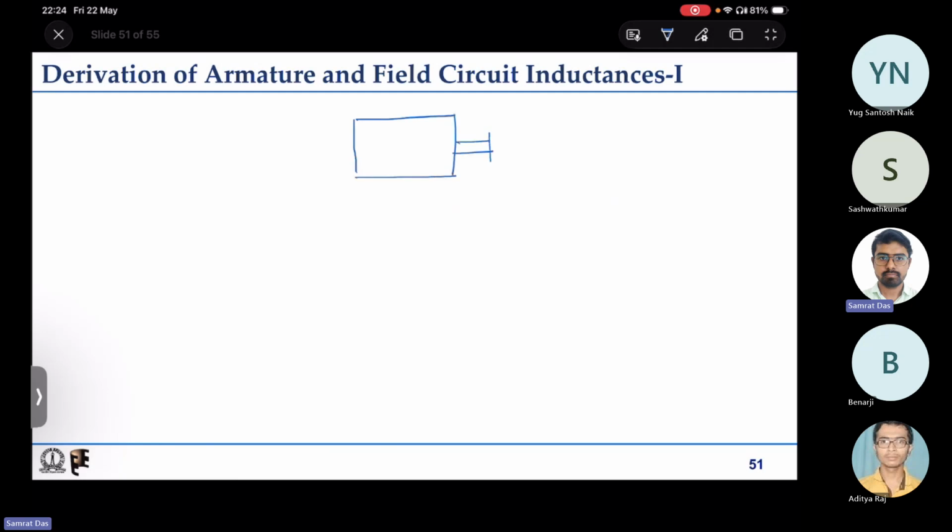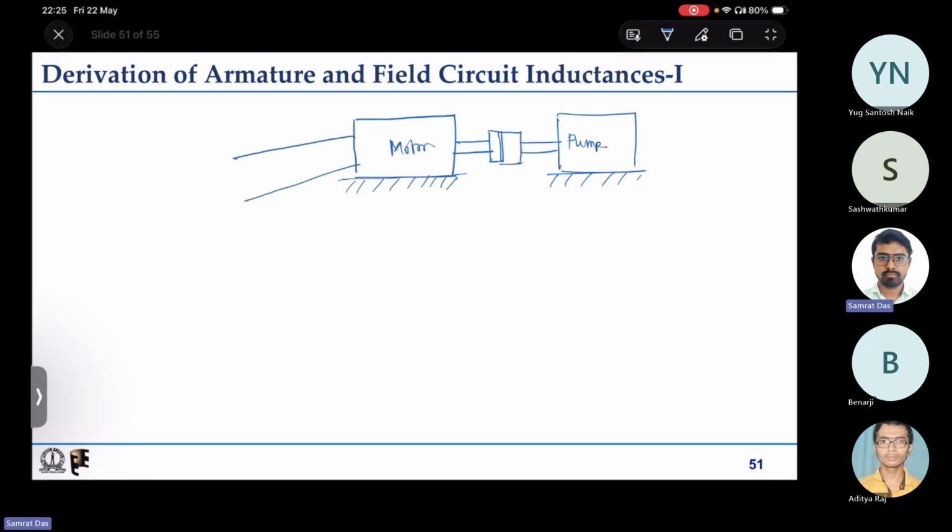We have the DC machine, and we have the pump load connected. Both of them are grounded, or fixedly connected to some rigid support. This is the motor, and this is the pump.